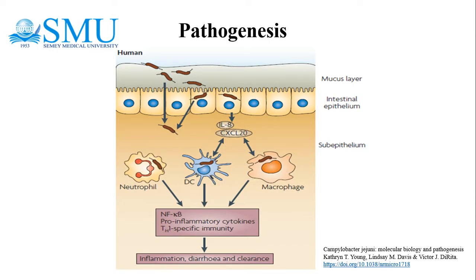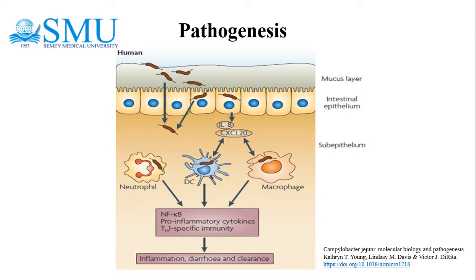Pathogenesis of this disease: molecular and cellular features of the innate immune response to Campylobacter jejuni in humans are presented on this slide. Campylobacter jejuni circumvents the mucus layer in humans and interacts with the intestinal epithelial cells, causing interleukin-8 production.